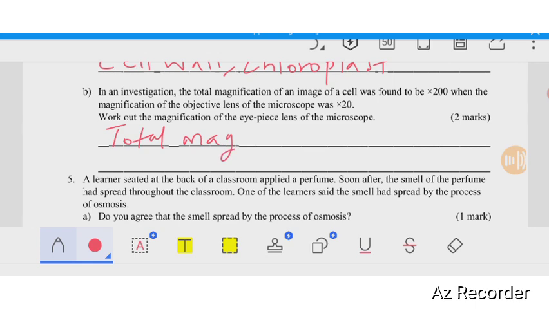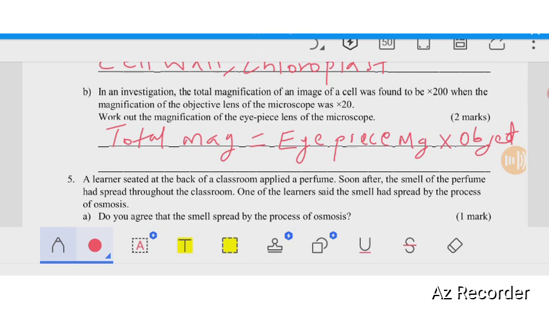Total magnification is equal to eyepiece lens magnification times objective lens magnification. I'll just leave it like that.